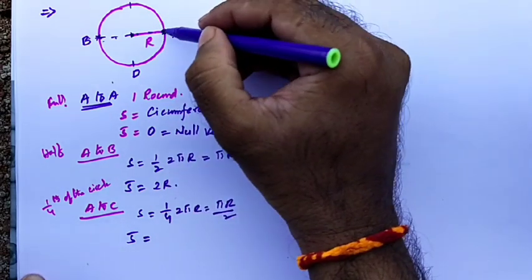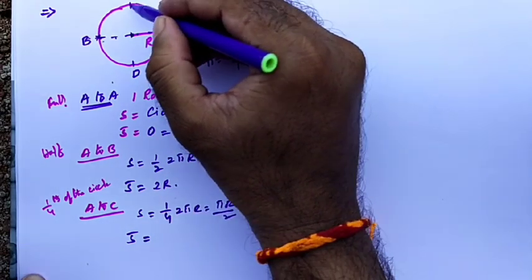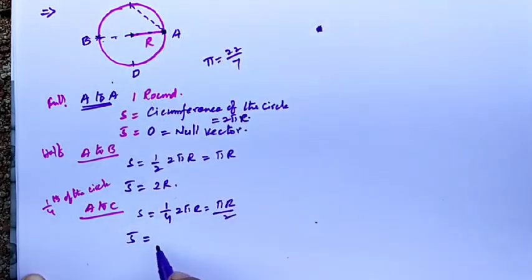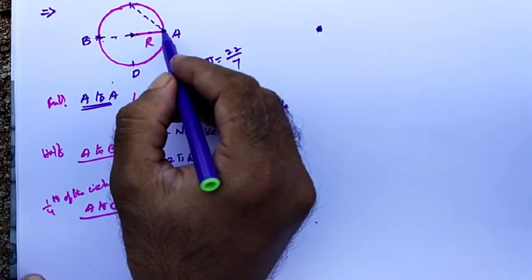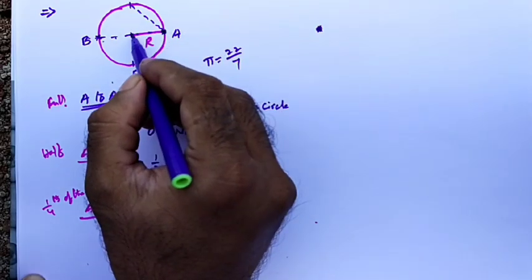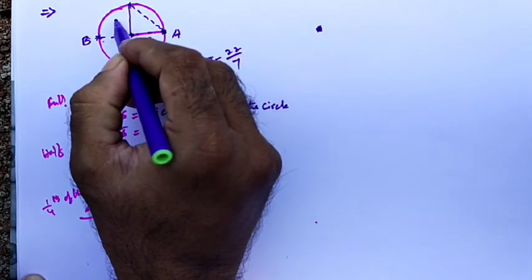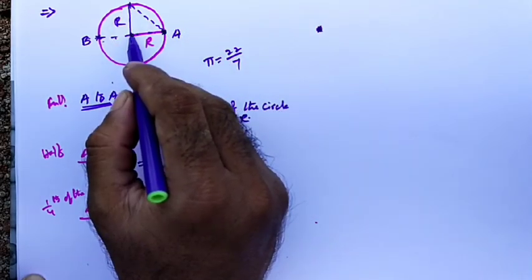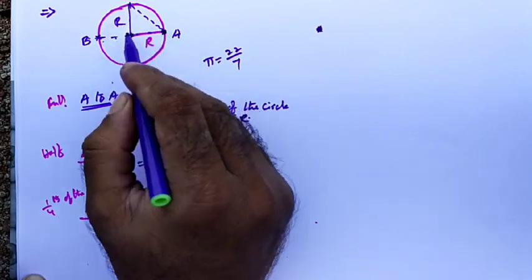Now what is the displacement? The initial point is A and the final point is C. Just draw a straight line. This is the displacement, AC. How to calculate its length? Observe carefully, this is r and this is also r, because this is the radius. Now you have a right angle triangle.